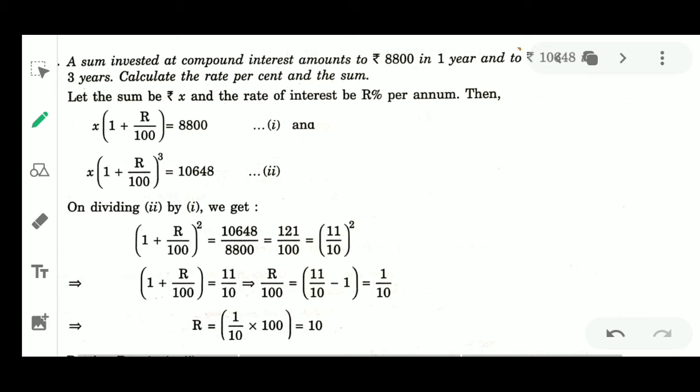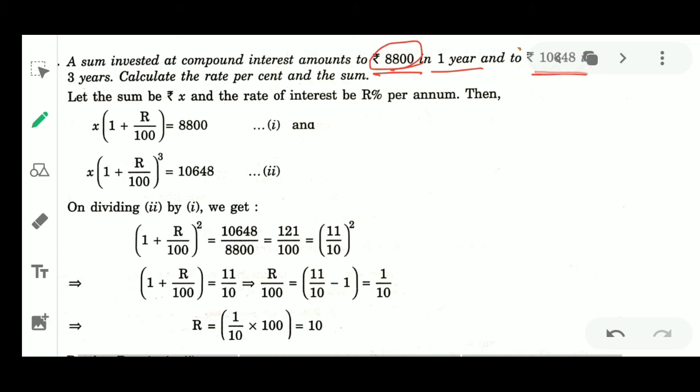Here the rate percent and sum are not given, but the question says that if you invest a certain sum, then after 1 year it will be 8,800 and after 3 years it will be 10,648.